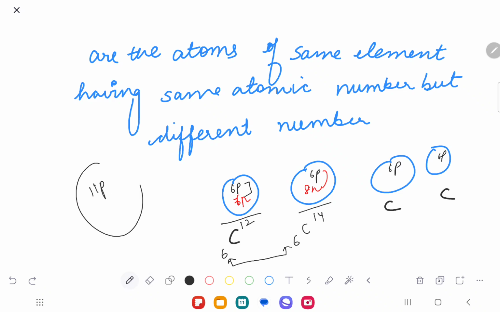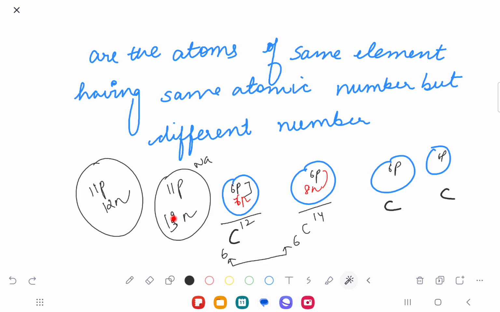It would definitely have 11 protons, no doubt. But there might be some other sodium atom which would contain 11 protons, but maybe 13 neutrons. And just because of the presence of extra neutrons, that would act as a different, heavier sodium atom, but a sodium atom.